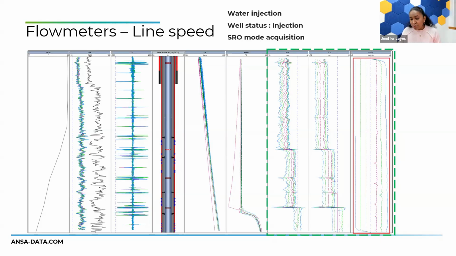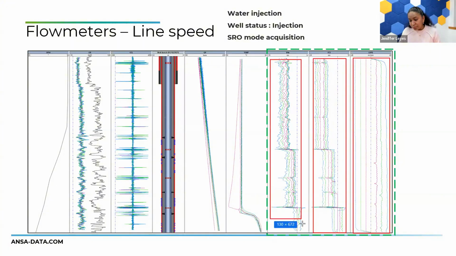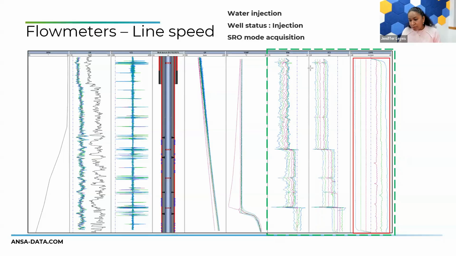In this case, for this survey, they have two flow meters, IFN and FCS. We can see that we have a continuous response for most of the interval that we have logged in both of the flow meters. We can see as well that the response is repeatable between the two flow meters, and that the response is steady.